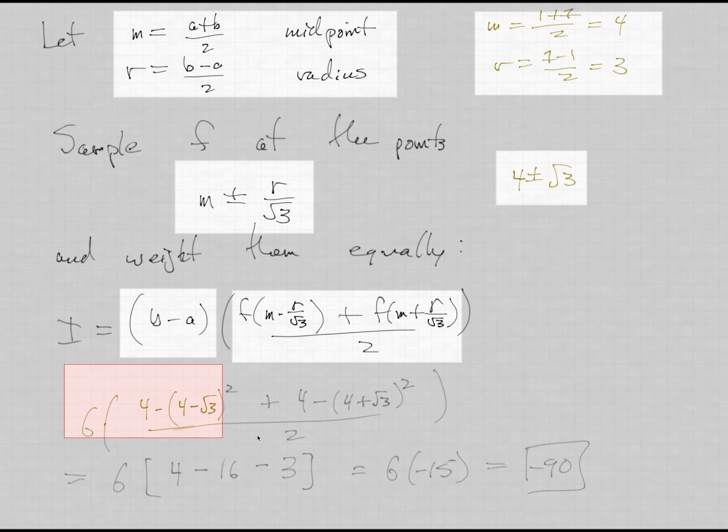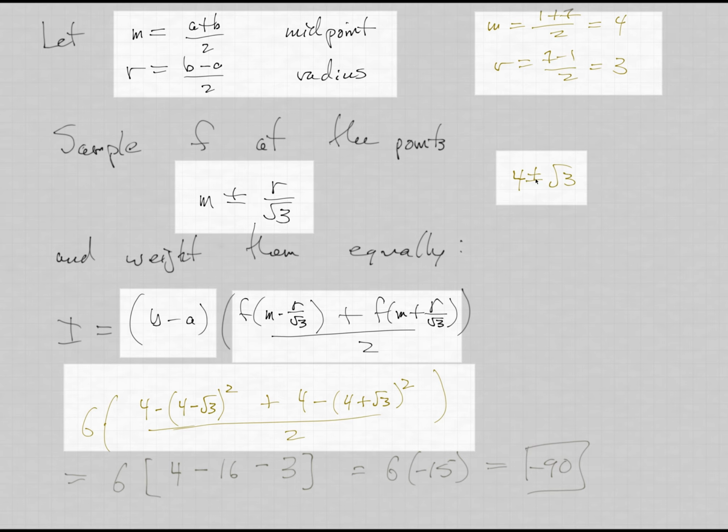So in our particular case, the length of the interval is 6. Then we take the value of the function at 4 minus radical 3. Remember, the function was 4 minus x squared, so this is 4 minus the x value squared.